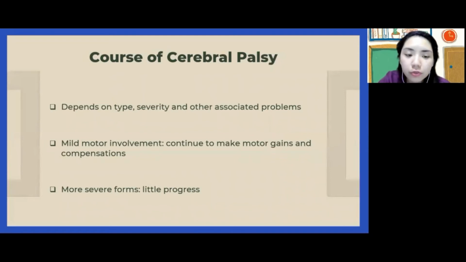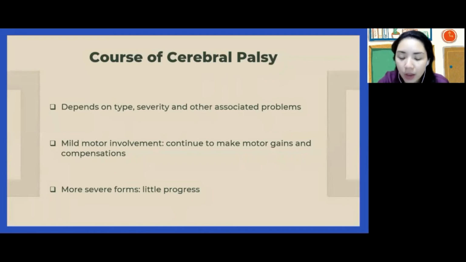And then those in more severe forms, kay there is little progress that is made in attaining the developmental milestones, no, sa those pediatric population, and performing mga functional tasks of daily living.